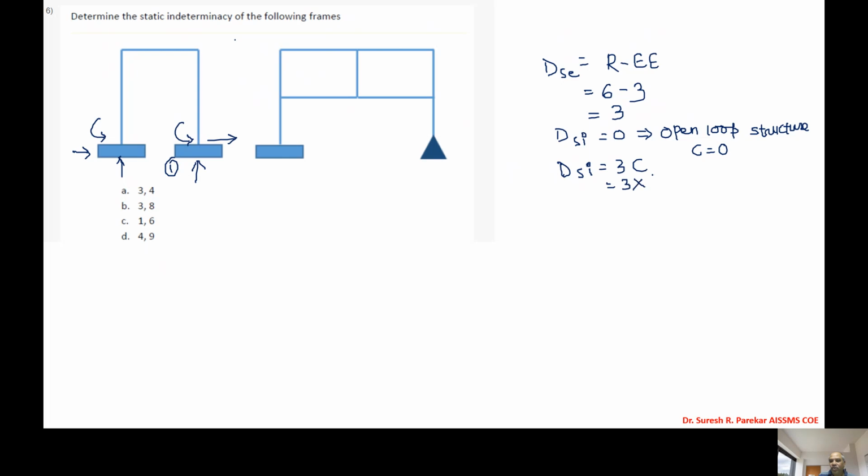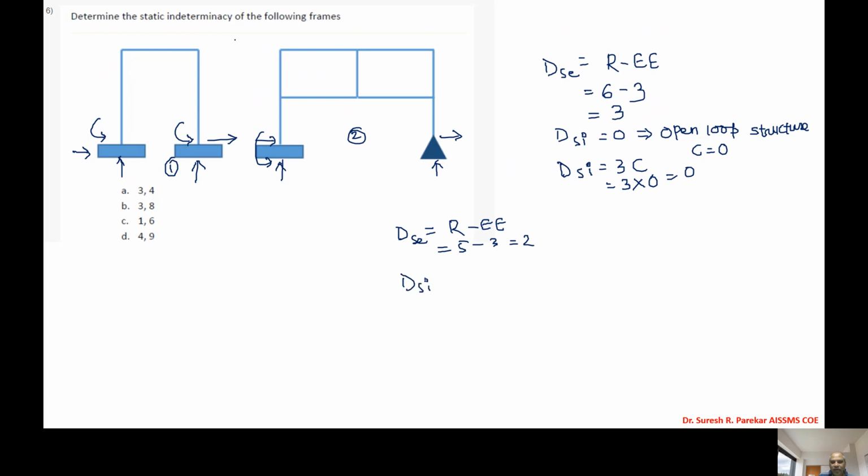So 3 into 0 equal to 0. Now go to second, we have 1, 2, 3, then 4 and 5. So we have DSE equal to R minus equilibrium equations, 5 minus 3, and that is 2.